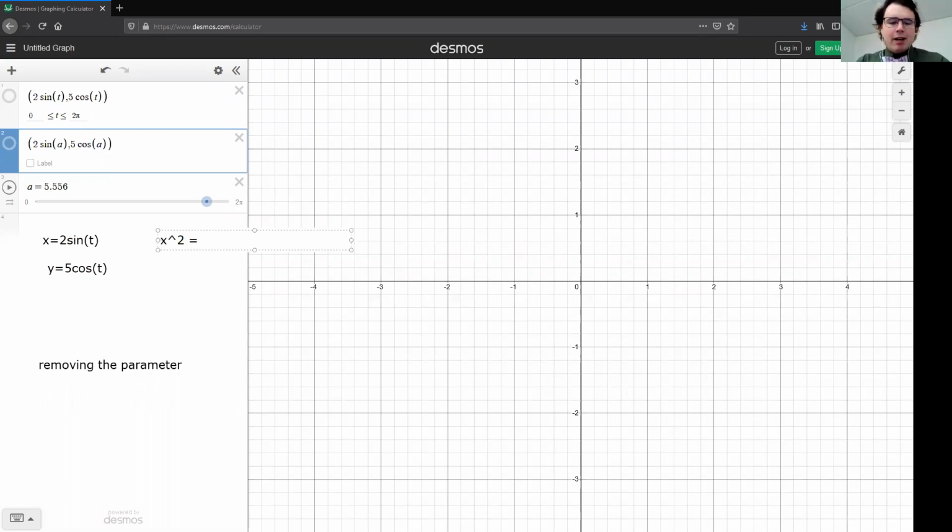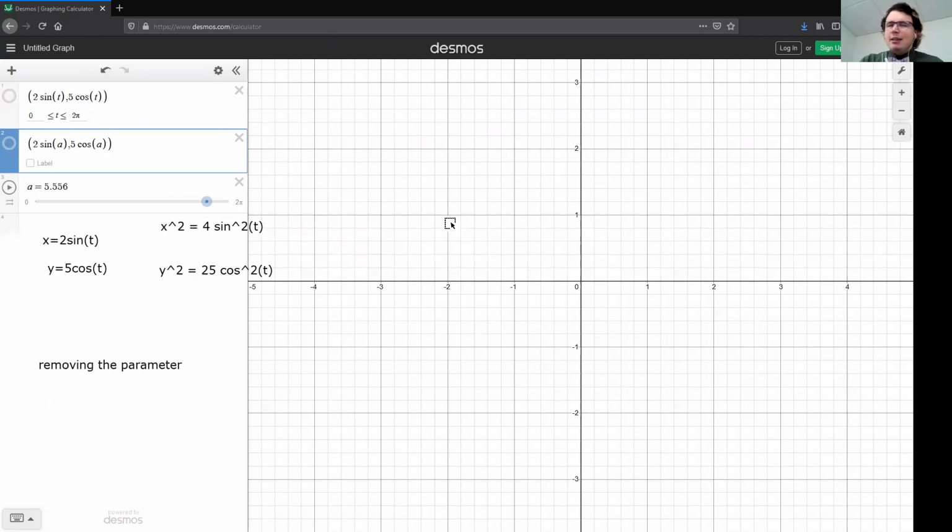So my x squared I know is going to be 4 times sine squared of t. And I know that my y squared is going to be 25 cosine squared of t. If I add those things up, they're not going to cancel the right way. Yeah, that's not going to work here.